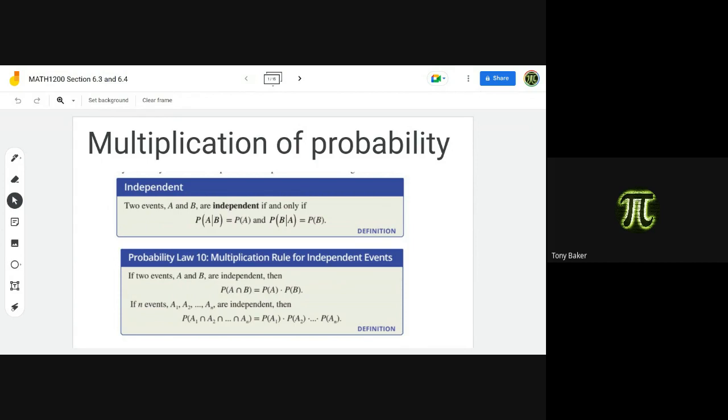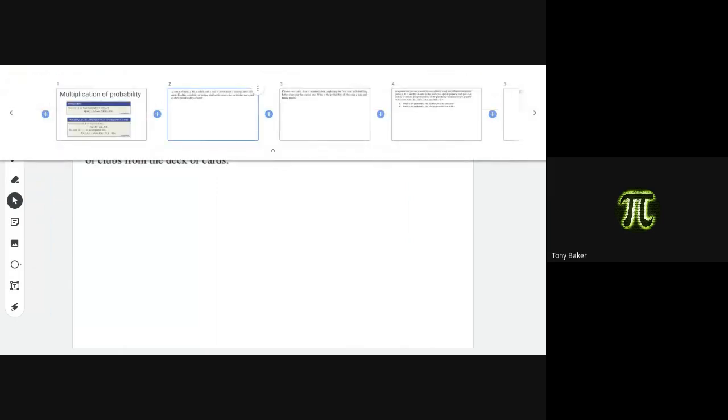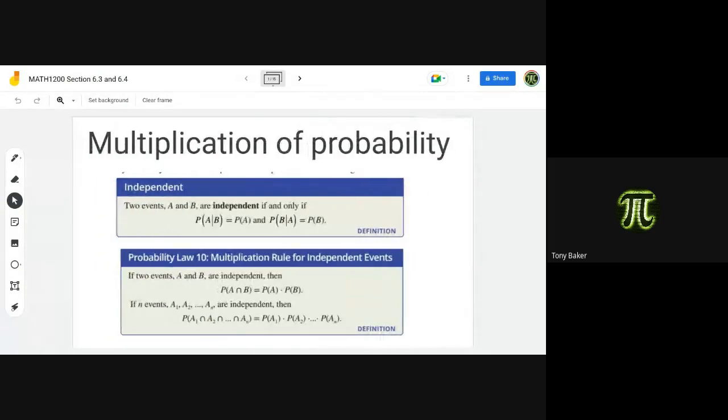So law 10 is basically saying if they are independent, I can just multiply the probability of each independent event together to find the probability of the total events. We did this actually the other day. We were talking about flipping a coin, right?